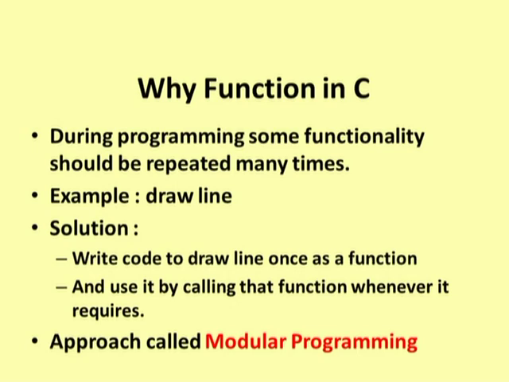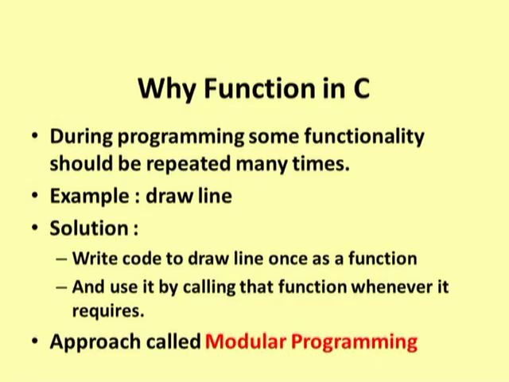It means the statements of the software are not written within main as a single function, but are divided into different modules as functions, and then those modules, that functionality, are called within main. So this approach is called the modular programming approach.